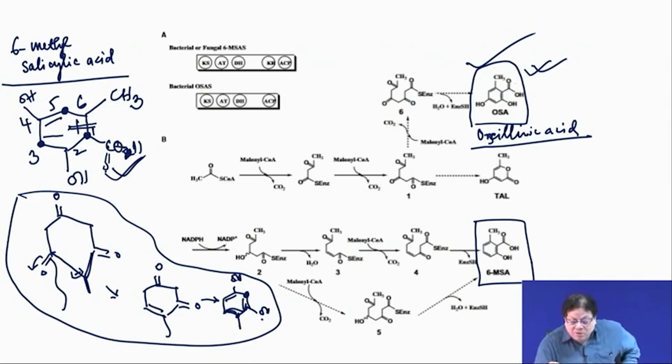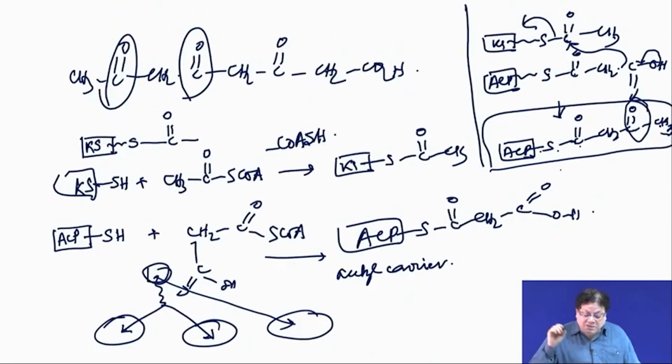Let us count: 1, 2, 3, 4, 5, 6, 7 and this one methyl, 8 are there. Now, I could see that there is a carbon, oxygen here, then a carbon, then there is this methyl. Okay. Let us again go back to that slide where I explained everything.